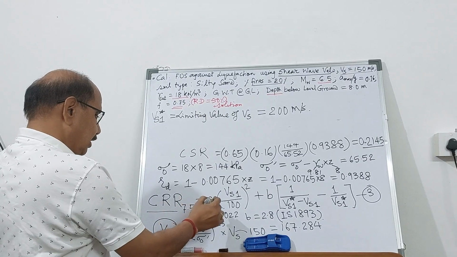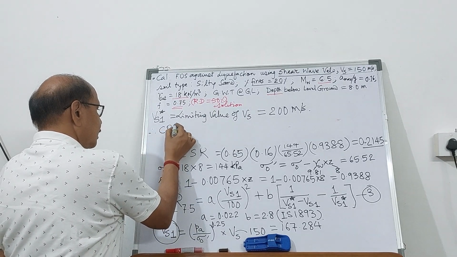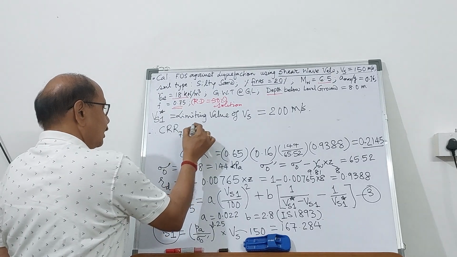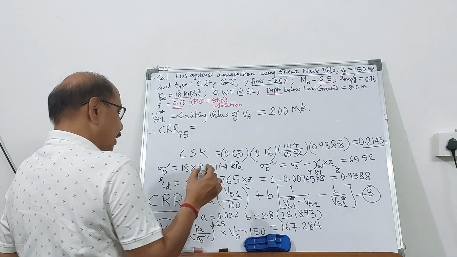So in equation number 3, therefore, CRR for 7.5 you can substitute and get all the values. The value of A is 0.022.